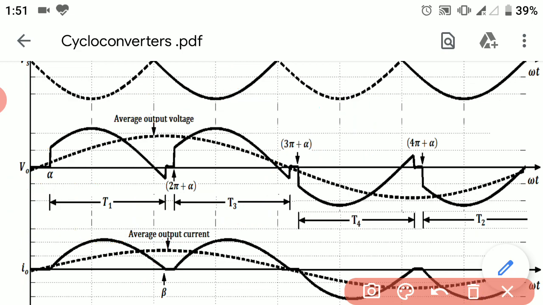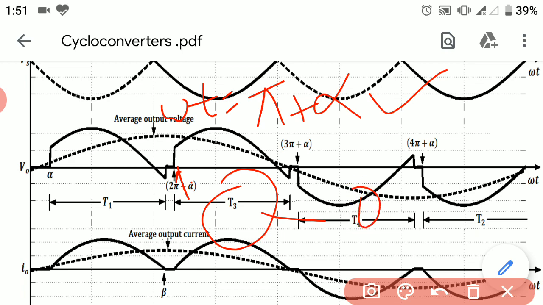This thyristor T3 actually turns on at this instant. This instant is omega t equals pi plus alpha. It is wrongly written here as 2 pi plus alpha. So pi plus alpha is the angle where thyristor T3 is turned on.